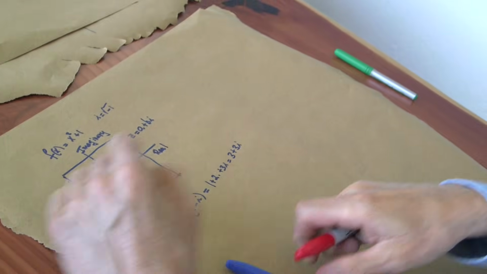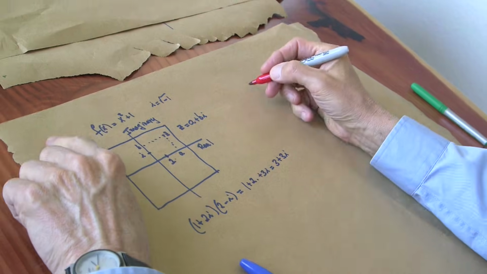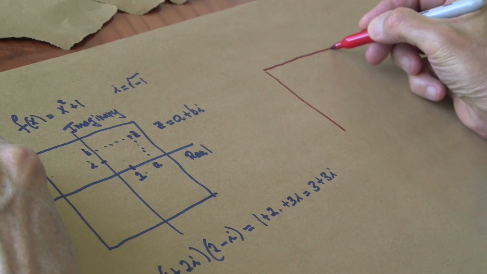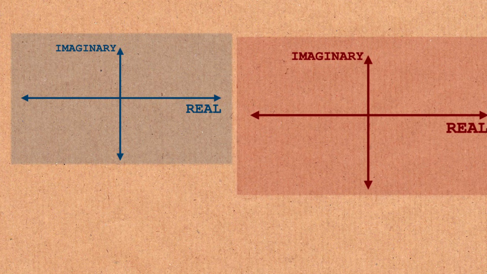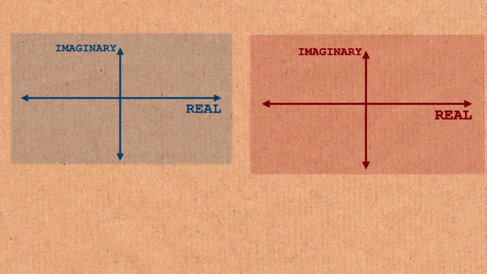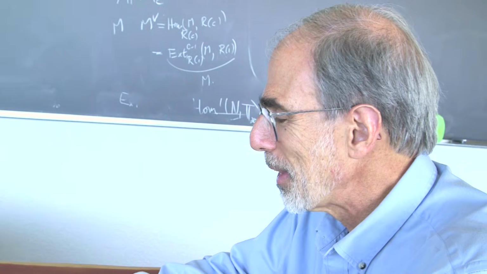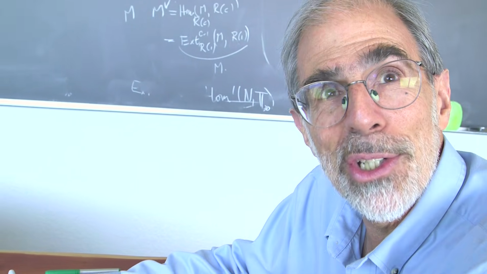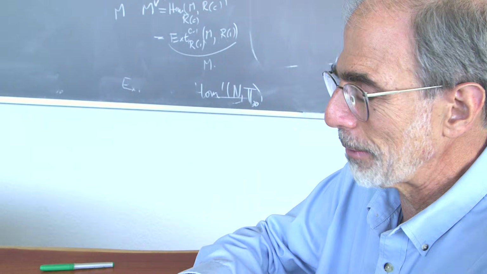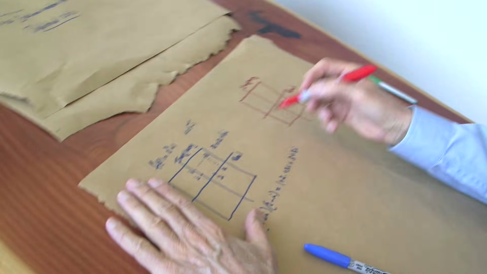If I do this, I might want to separate the source of the polynomial, the place where the x's live, from the values, the place where the f of x's live. So I'm going to use a red plane for that one. Here's again the real axis and the imaginary axis. It's called the imaginary axis not because it isn't there, it's just as real as the real axis, but the numbers on it are the pure imaginary numbers, the ones without any real part. Then I can do things like squaring the number.